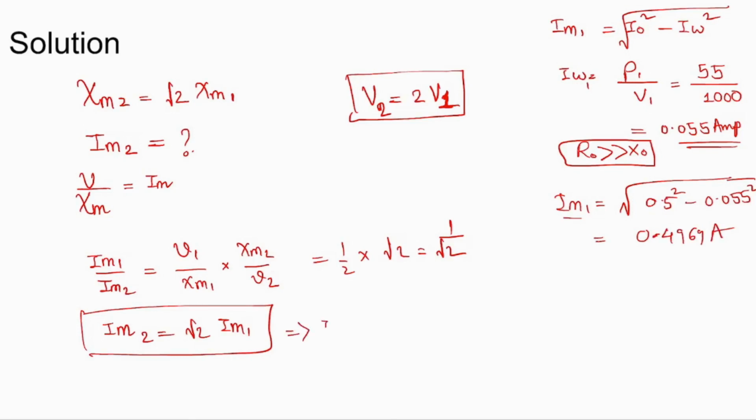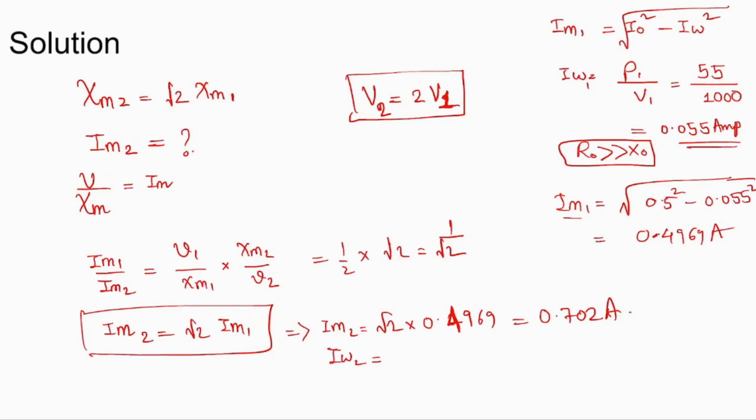So now Im2 is coming out to be root 2 times 0.4969, which is coming out to be 0.702 amperes.